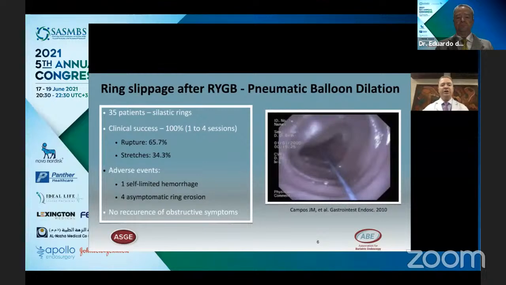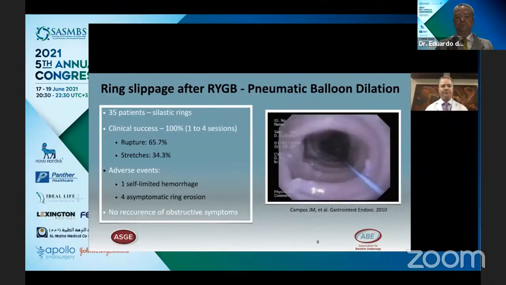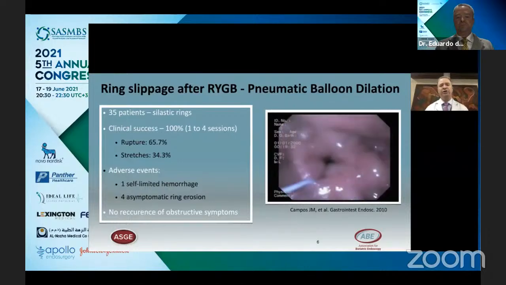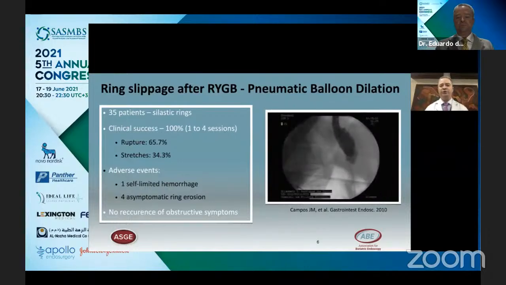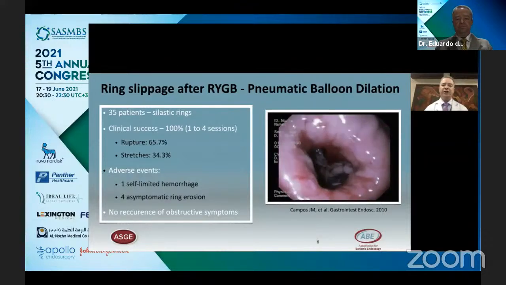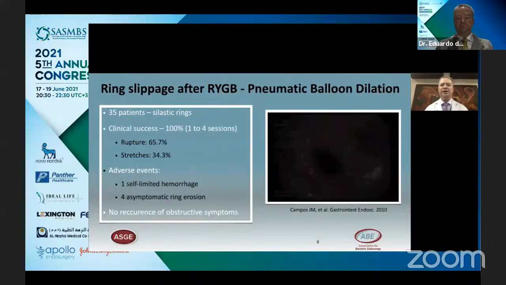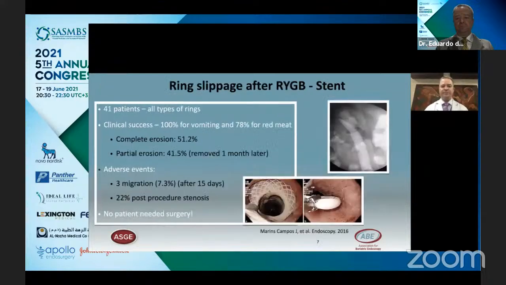For ring slippage, pneumatic balloon dilation is used. The contraindication to the use of a balloon is related to clinical and/or local manifestations that indicate tissue ischemia. Technical and clinical success is close to 100% with no recurrence.